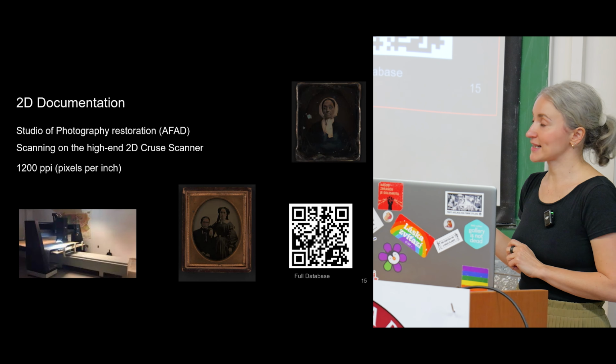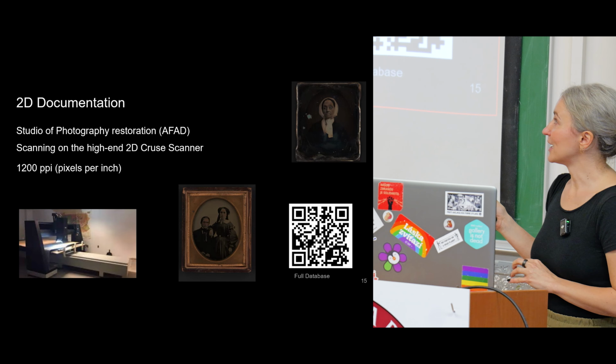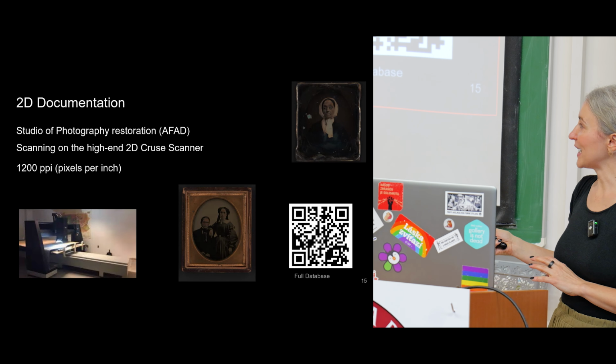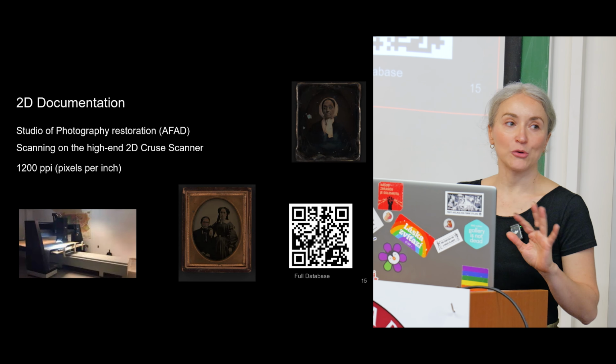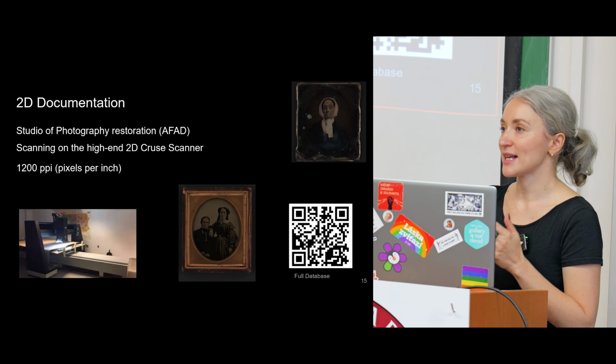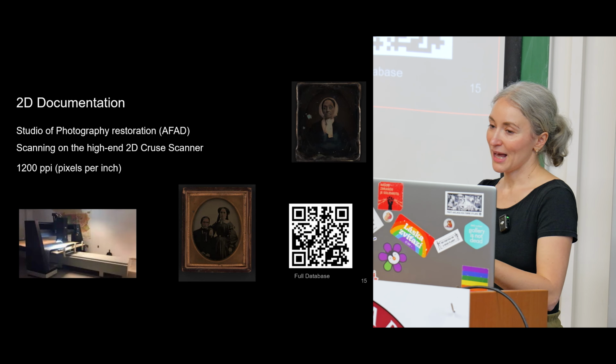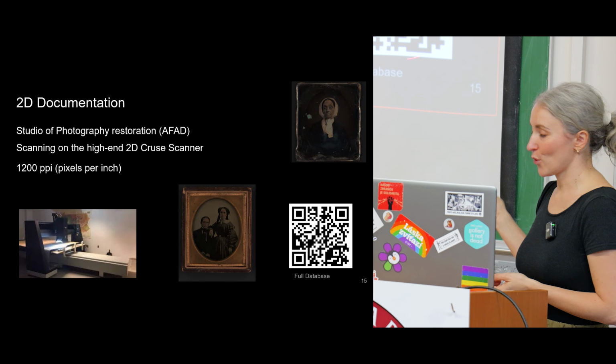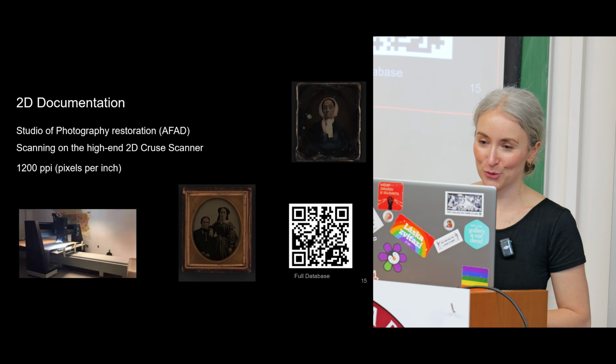So in case you are in need of high quality scans, just contact me or docent Andrej Ferko, and we can give you access to this scanner and you can get really high quality scanned originals. In this case, we were scanning different old photographic techniques, and we were looking for the best way to set up the scanners and all the lights so the restorers have the result they wanted. If you want to download the full database, you can use the QR code.